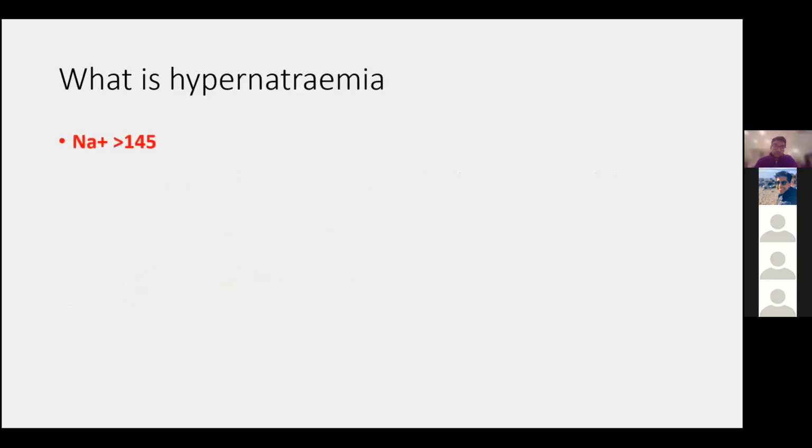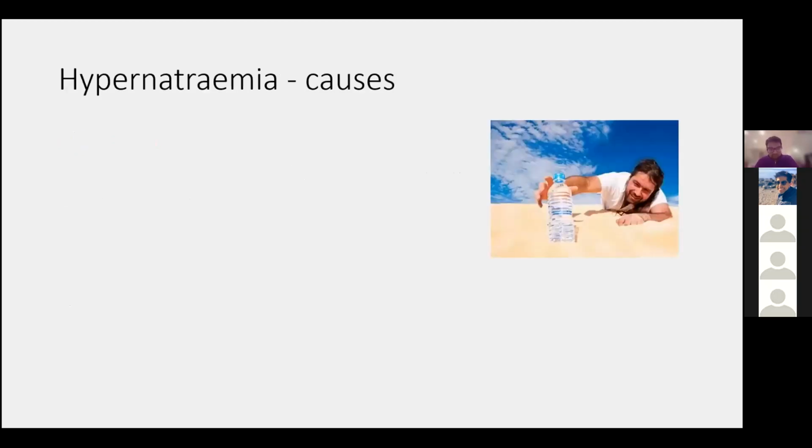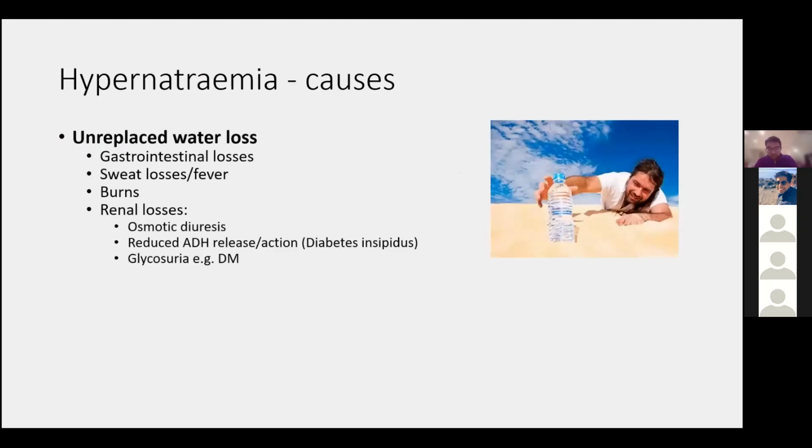Hypernatremia is sodium more than 145 in most labs, and like hyponatremia, it's usually picked up incidentally and can also present non-specifically. So what causes it? Most cases are unreplaced water losses, so from the GI tract, from sweating, so if someone's got pyrexia, burns, or renal losses.